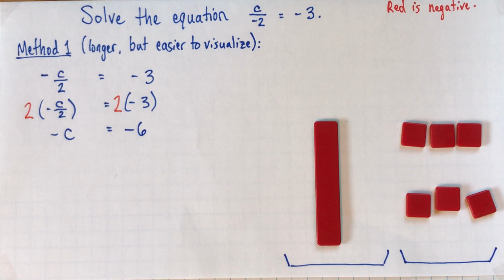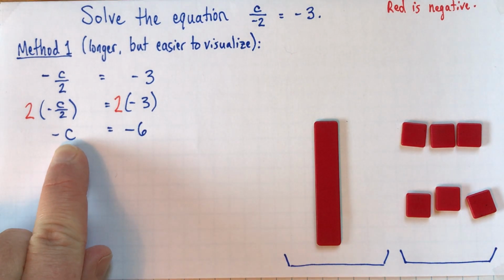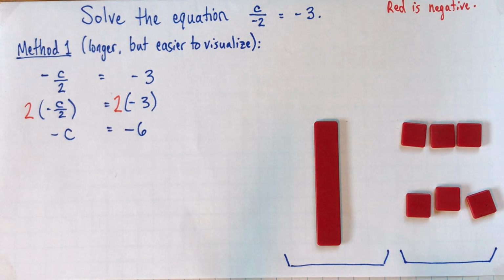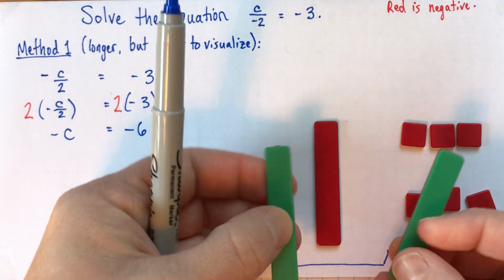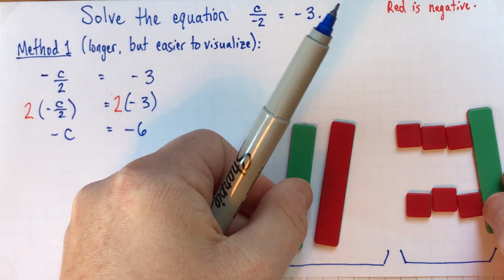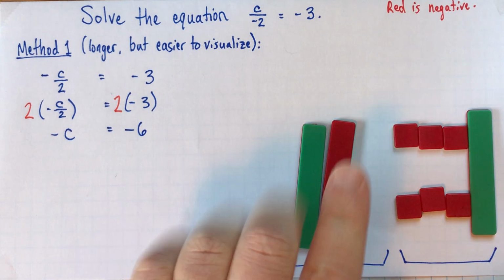Alright, now you've probably seen an equation like this before. Just a quick reminder, when we're solving an equation, our final answer is not going to be what -c is going to be equal to, it's going to be what c is equal to. So one way to figure out what c is, not the quickest way, but I think the easiest way to visualize, if we add c to both sides, then what we'll get here is a 0 pair, so that'll be gone.